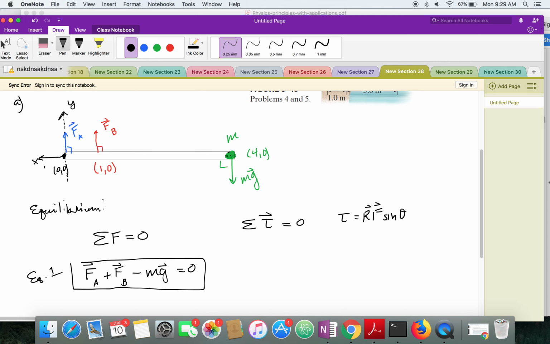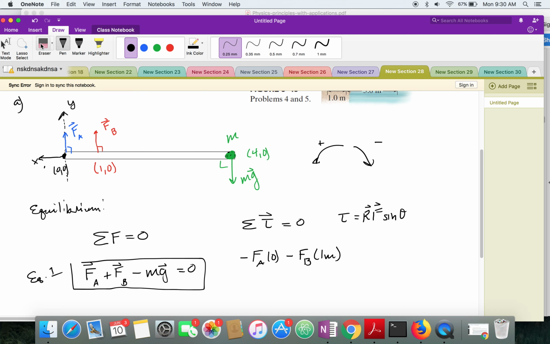So for torques, because you're using the unit circle convention, counterclockwise is positive and clockwise is negative. The idea is that this thing would be trying to go clockwise, so we're going to be dealing with negative torques. It won't matter in the end, you'll see.